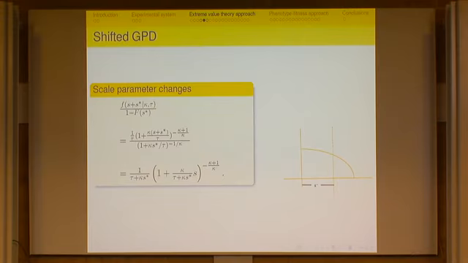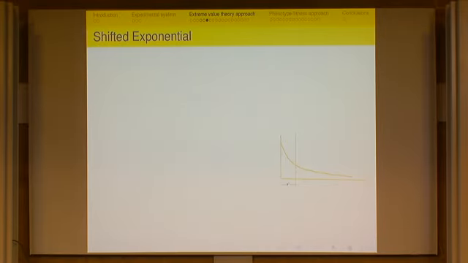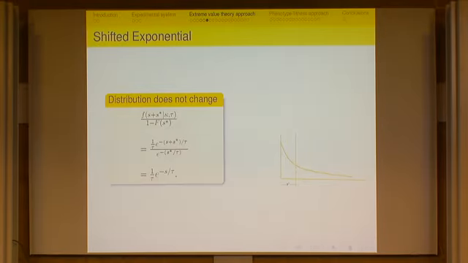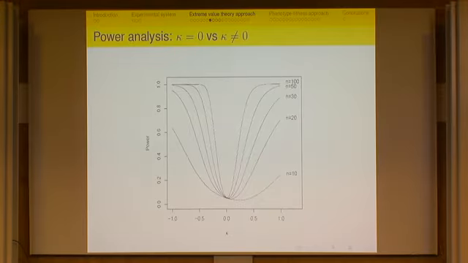But instead of measuring your fitness relative to the wild type, you can do a shift out maybe a couple of mutations and measure them out of that, and then that will kind of correct for the fact that you're missing the beginning ones. So it actually is useful in that way. And for the exponential, you can see you get the exact same distribution when you shift.